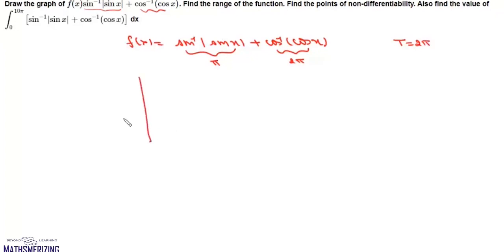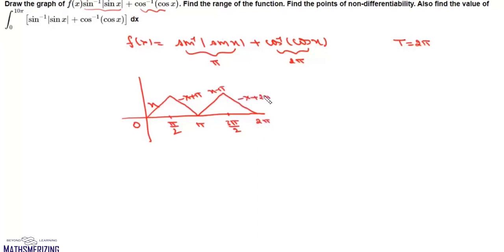Now we'll recall the graph of sin inverse of mod sin x. We know that this graph is x from 0 to pi by 2, from pi by 2 to pi it is minus x plus pi, from pi to 3 pi by 2 it is x minus pi, and then from 3 pi by 2 to 2 pi it is minus x plus 2 pi.